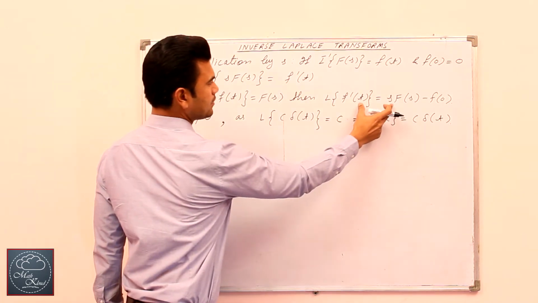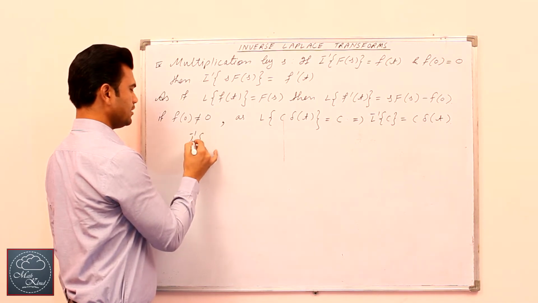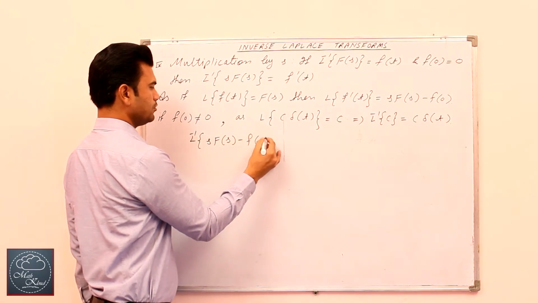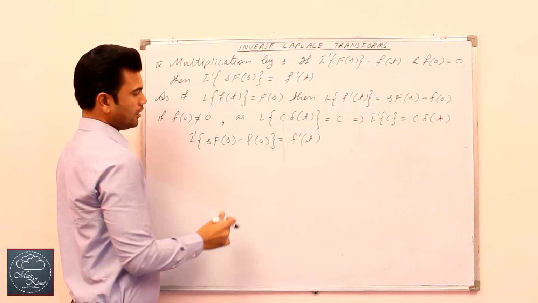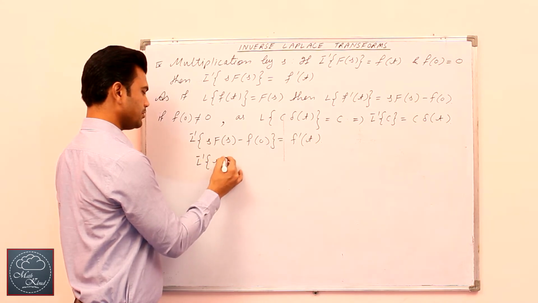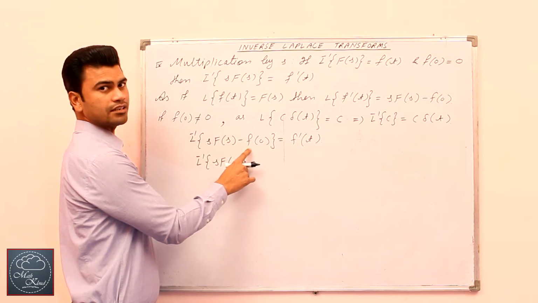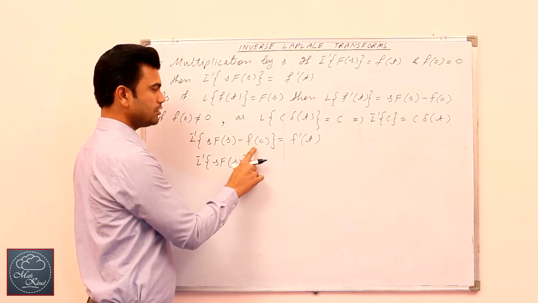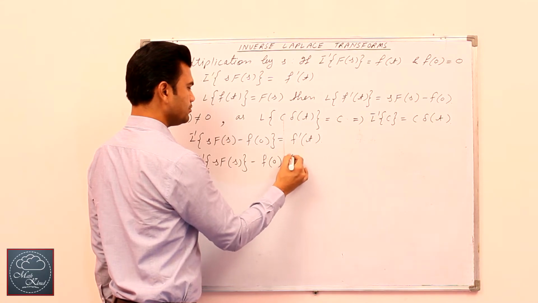If you invert here by keeping f of 0 non-zero, you get the inverse Laplace transform of s f(s) minus f of 0 as f dash t. This can be written as the inverse Laplace transform of s f(s) minus the inverse Laplace transform of f of 0, and since f of 0 is constant, its inverse Laplace transform will be f of 0 into delta of t.